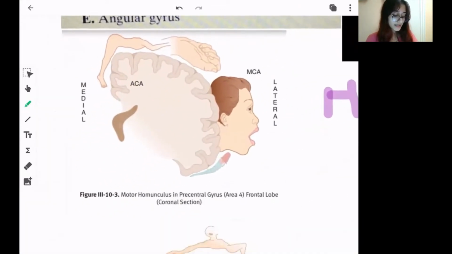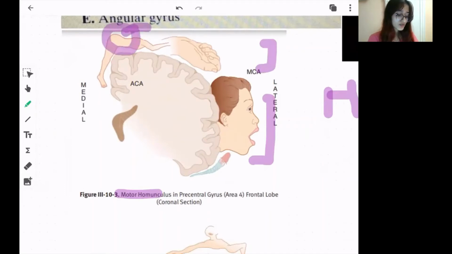So let's look at this picture. This is a motor homunculus that is present in the precentral gyrus. You can see the inferior part is controlling all the muscles of the head and neck. The upper part is controlling the upper limb, and the highest part is basically controlling your pelvis and perineum.